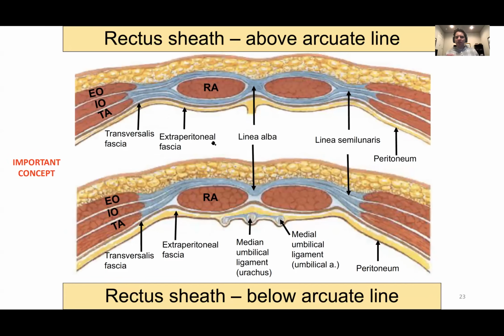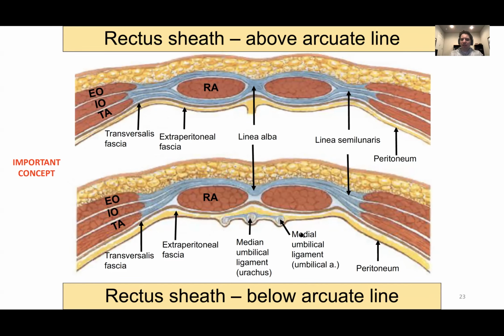Okay, this is just a concept I wanted to touch on. I don't have a question on it, but remember, this arcuate line is important because of the musculature. When you're above the arcuate line, half of the internal oblique and the transversalis fascia goes below the rectus abdominis.